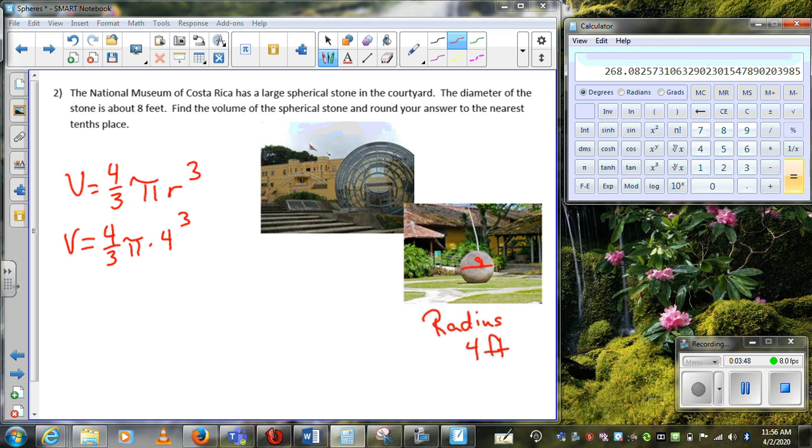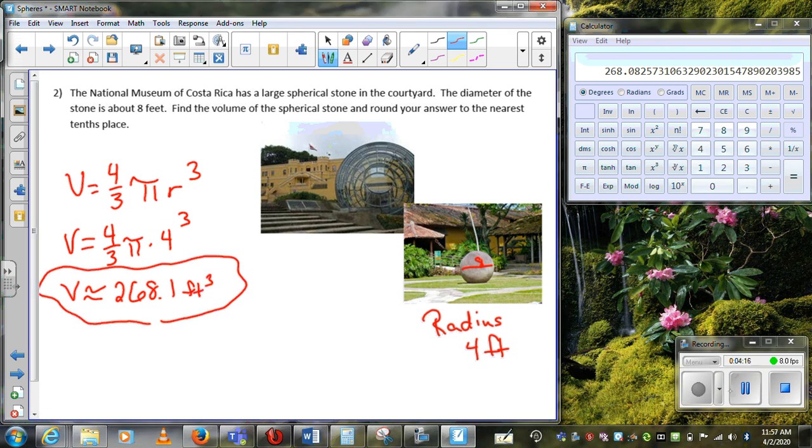And I'm getting 268. Now let's talk about rounding here. My tens place is a 0, but my hundredths is an 8. So that hundredths place is 5 or more. I raise that score, and this becomes a 1. And that is going to be feet cubed.